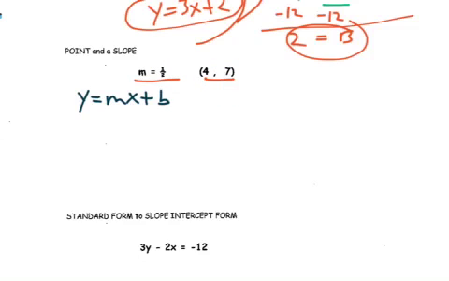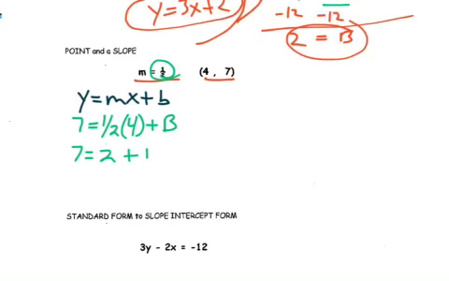So my y value is 7, so I'm going to replace that y with a 7. M, they're telling us, is 1/2. So 1/2 times whatever x is. Well, steal x from your ordered pair. So times 4. Plus b, do not know what b is. That's the point of doing this. So 7 equals 1/2 times 4 is 2, plus b.